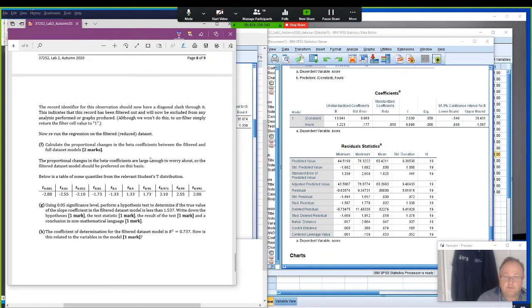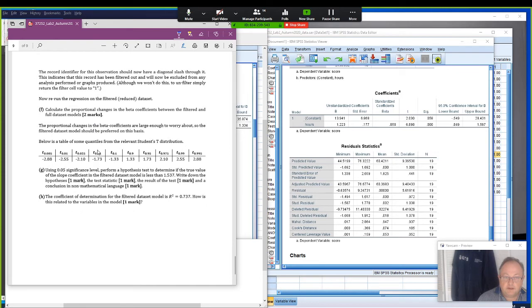We've now rerun the regression based on the filtered data set. Calculate the proportional changes in beta coefficients between the filtered and full data set models. So let's have a look at the computation.